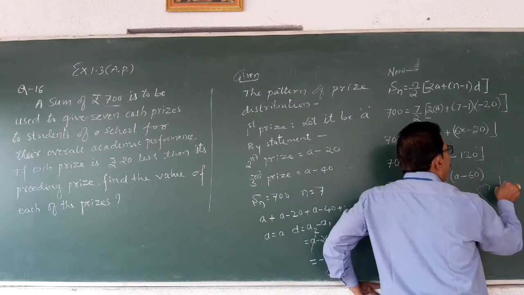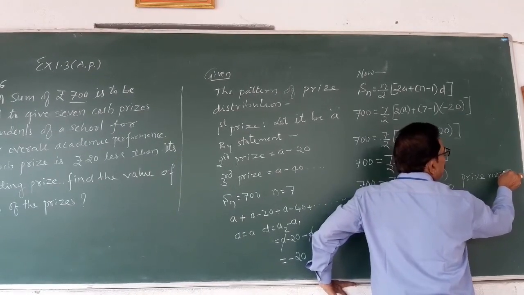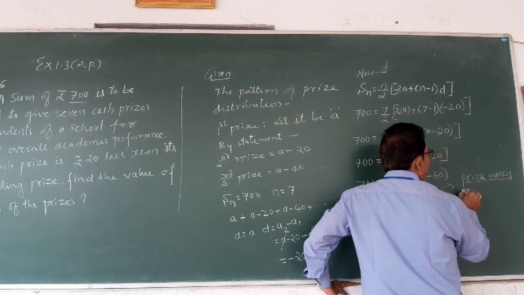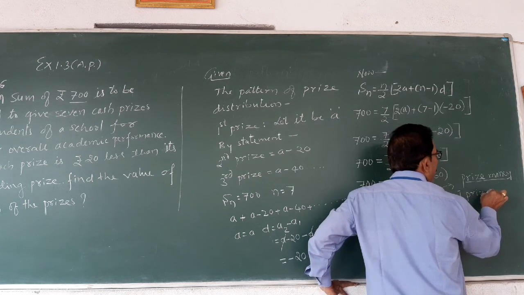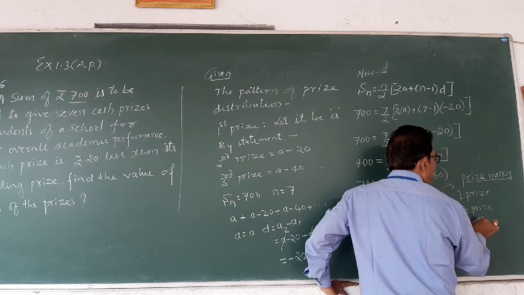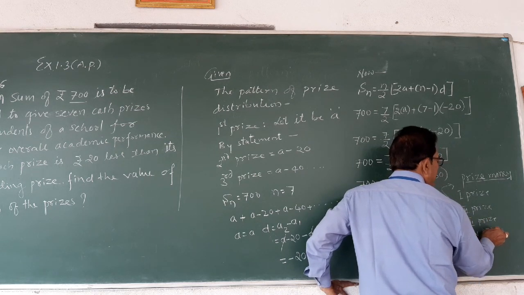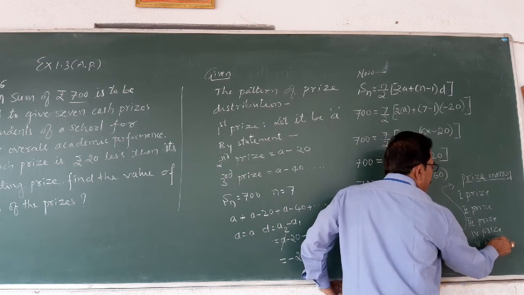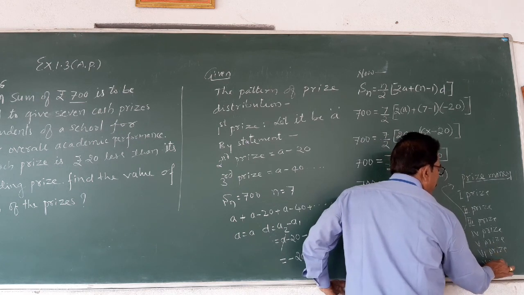Therefore the prize money: first prize, second prize, third prize, fourth prize, fifth prize, sixth prize, seventh prize.